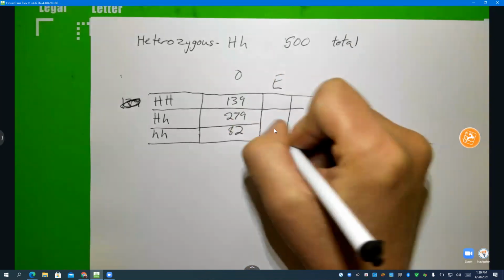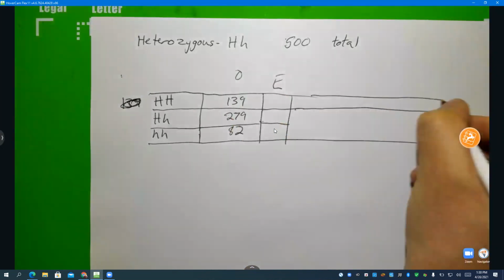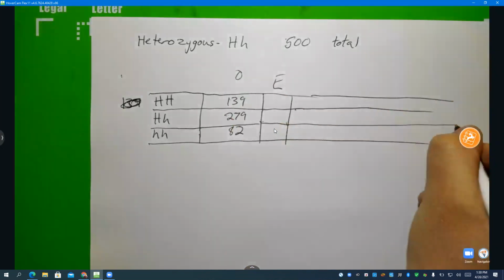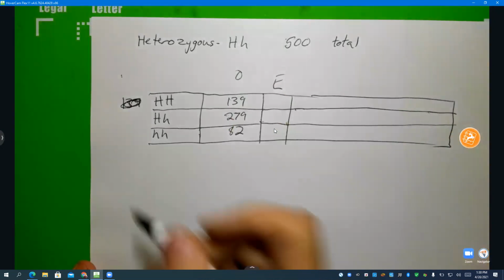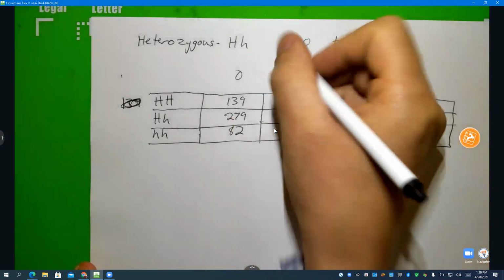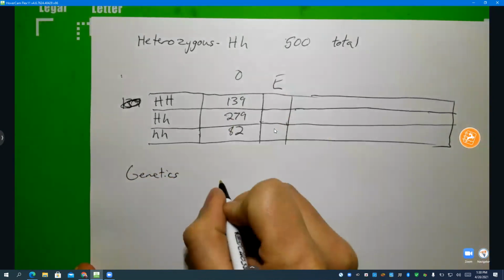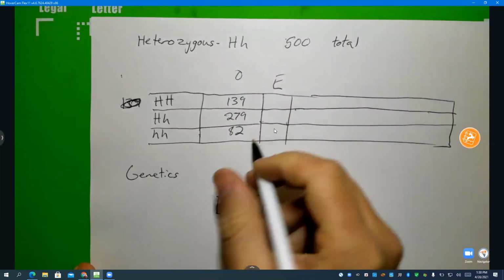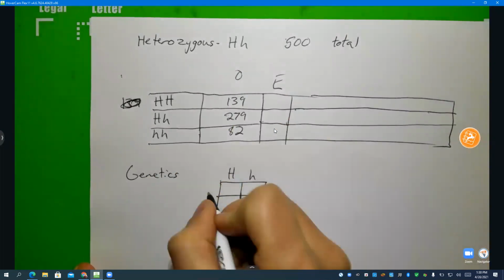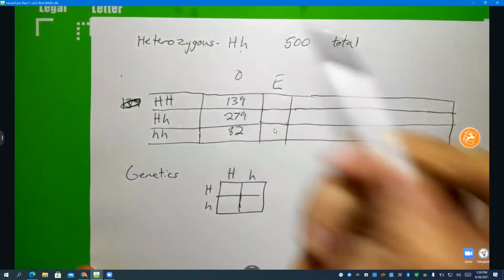And this is the only tricky part of doing these relative to the other type. If it's genetics, you should be thinking Punnett square. So we have big H, little h, because all parents are heterozygous.